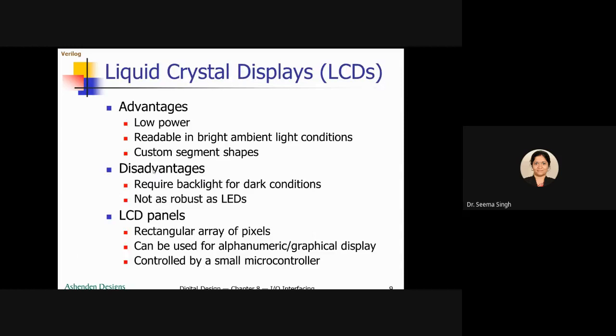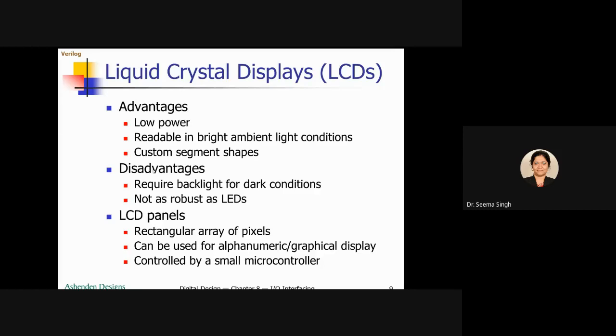Now coming to the next type of output device, that is LCD. You all know that LCD and LED both are being used. What are the advantages of LCD? It consumes low power and it is readable in bright light also. That is important. You would have seen certain phone displays.